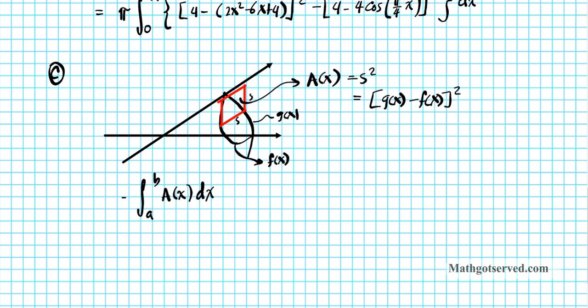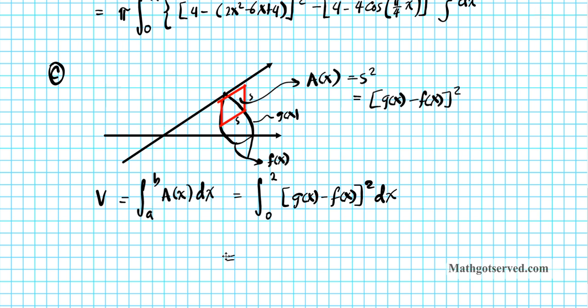So our volume, sorry, I forgot to put the V there. Our volume in this scenario is going to be the integral from 0 to 2 of g of x minus f of x, squared. That's the length of the side of the square for the area dx.